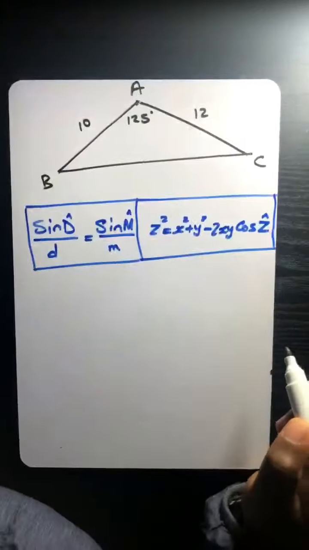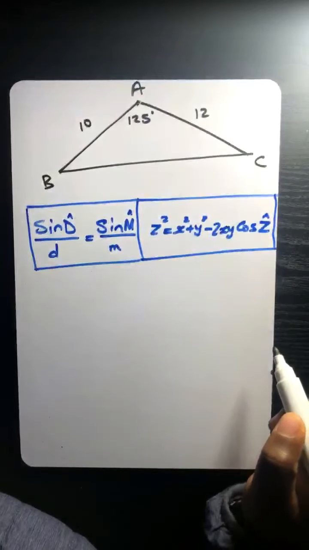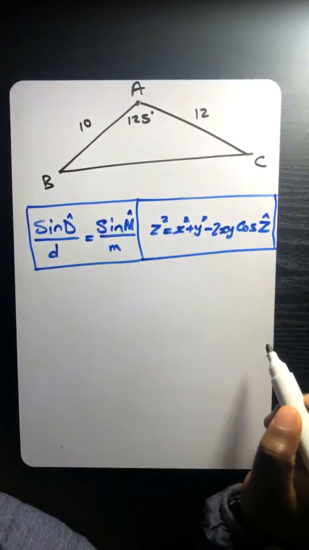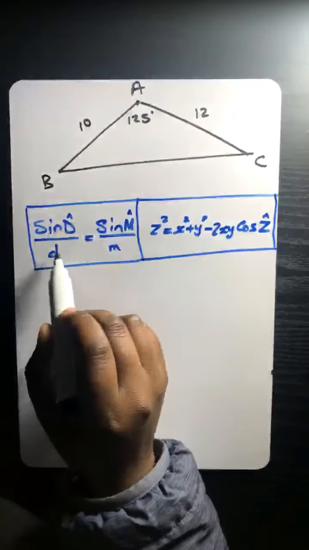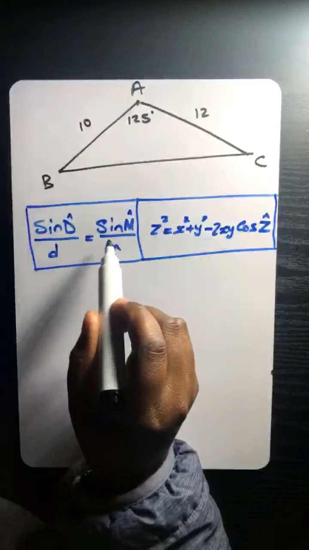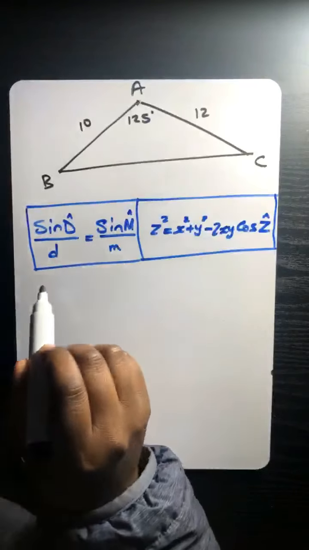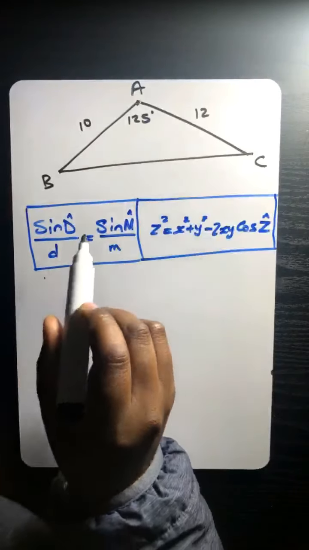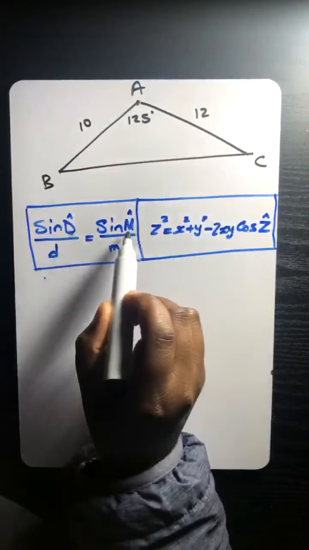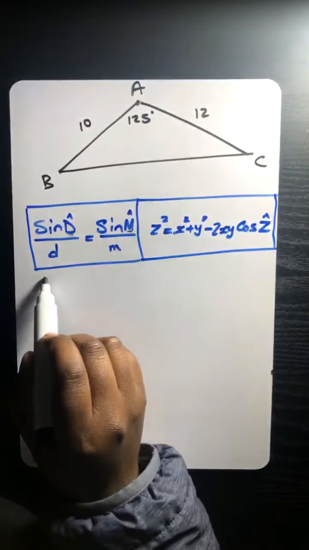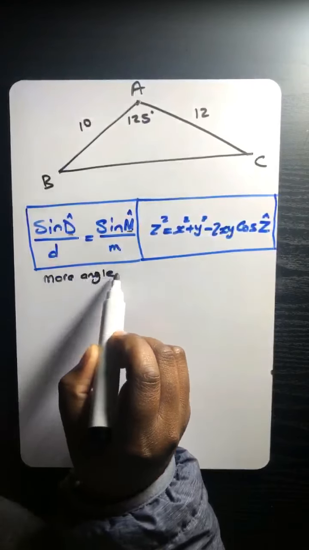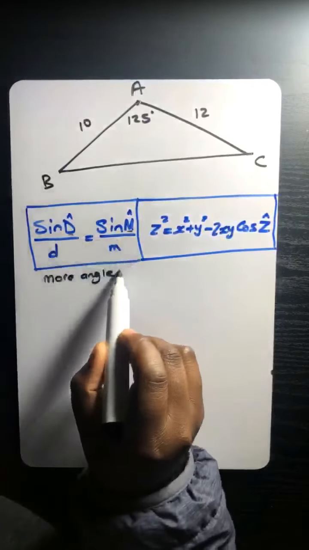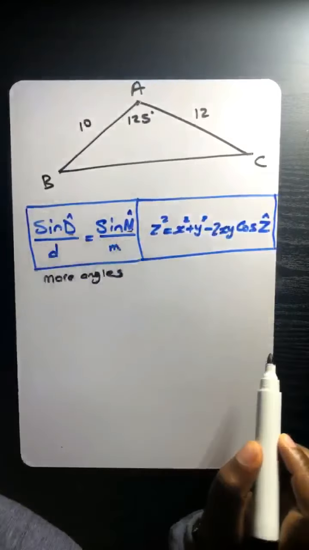So now let's see. Let's try to check. I think this formula can best be used if we have more angles. Why? Because we have an angle there, we have an angle there. So if we have more angles, this formula is the relevant one to firstly consider.